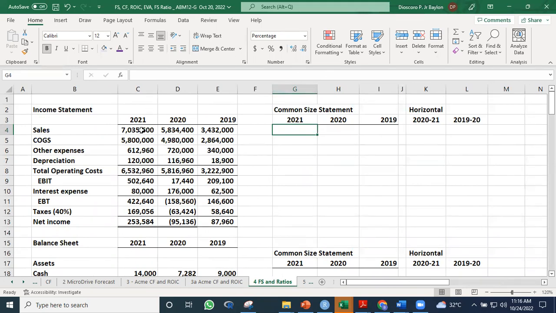We want sales for 2021 to be divided by the sales of 2021. Cost of goods sold to be divided by the sales of 2021. Sales of 2020 to be divided by the sales of 2020. So it depends on the year. Everything is to be divided by sales.